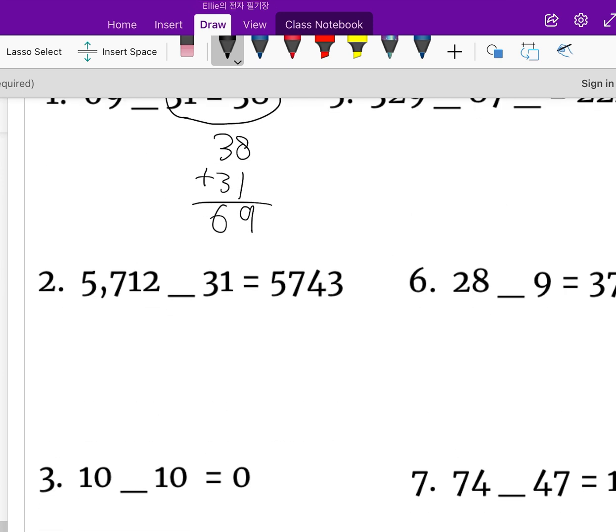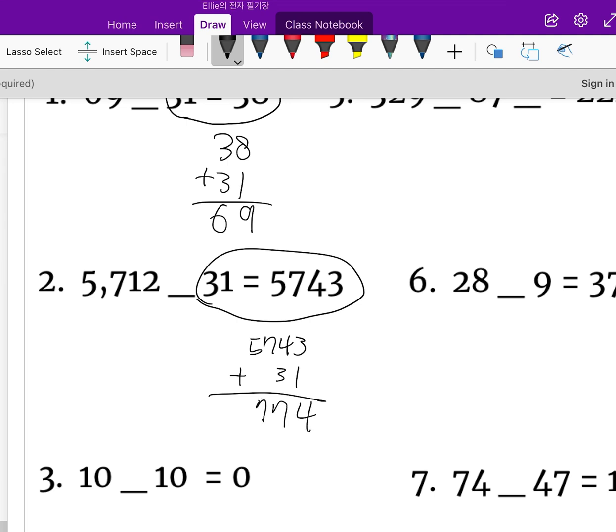For number 2, we have 5,712 blank 31 equals 5,743. So we know that we're going to add them together to see what happens. So 3 plus 1 is 4, 5 plus 3 is 7, and just 57.